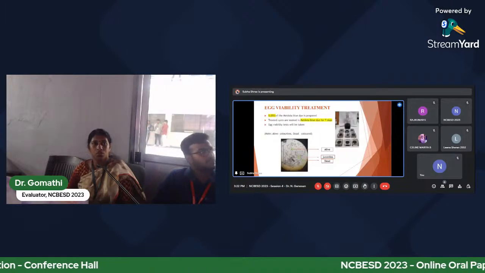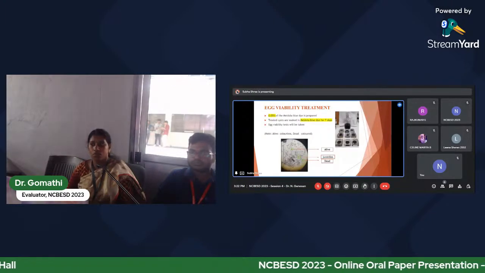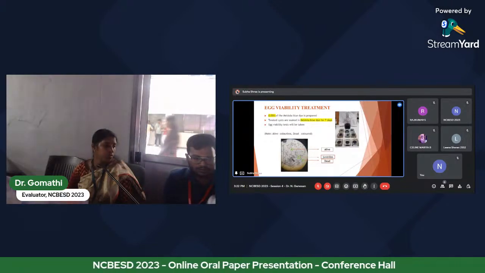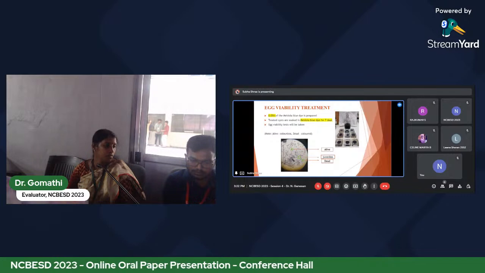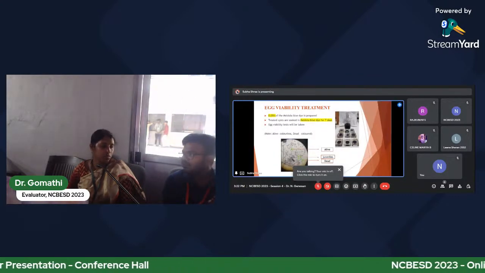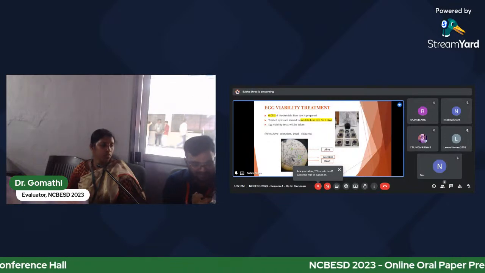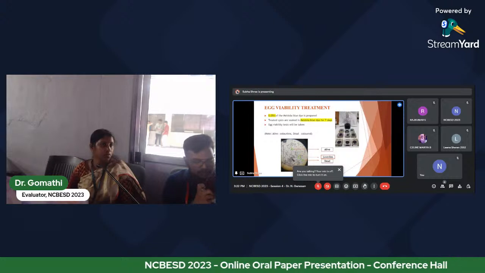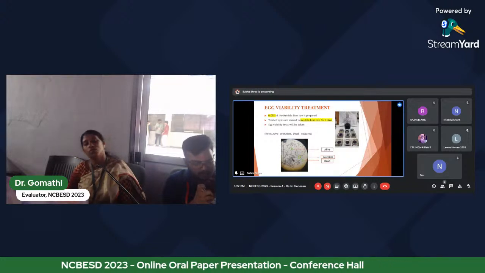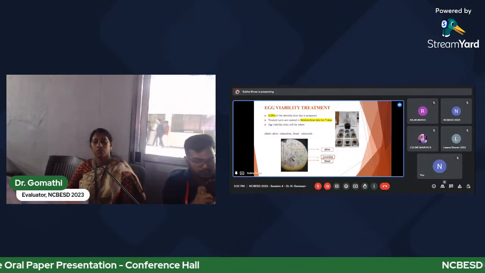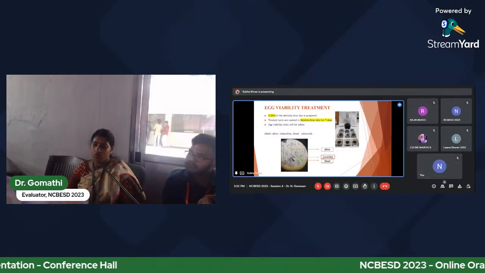So an egg viability test was also done, using Meldola blue dye. In this study, I soaked the PCN in the Meldola dye for 7 days, and after incubation, alive eggs are determined as colorless, and dead ones are colored, blue in color.